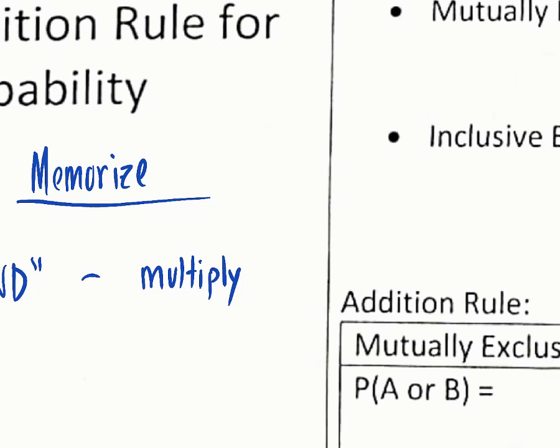But in probability, when you see the word or, it does not mean to multiply. Or means to add. It's like you have a single event, but it can happen in different ways. You add those different ways. So and means multiply, or means add. Can y'all remember that? And means multiply, or means add.